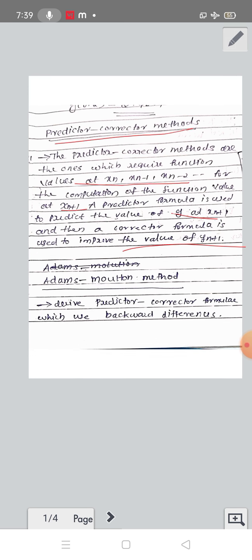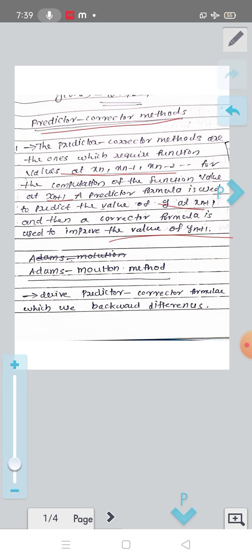So in this we are going to derive a predictor corrector formula which uses backward differences, and it is called the Adams-Moulton method.